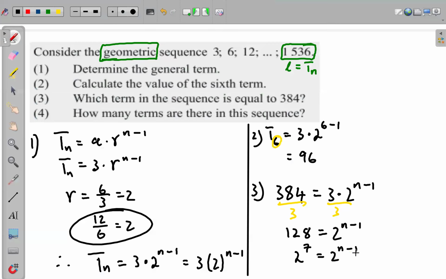Since the bases are the same, surely the exponents must also be the same. So 7 is equal to n minus 1. For this equation to be true, n must be 8, which means that term number 8 is equal to 384. You can write it nicely: T8 is 384.